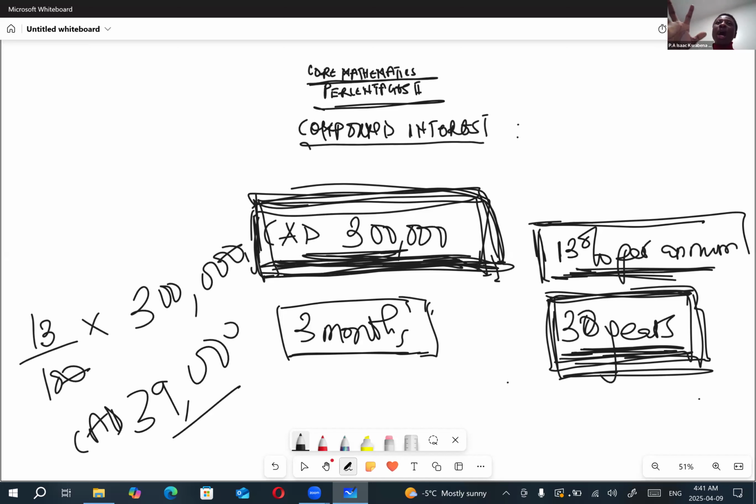Now remember, the interest is only calculated per year. So even if it's 11 months, if you're able to pay this money off in 11 months, that 13%, which is 39,000, doesn't come into play.